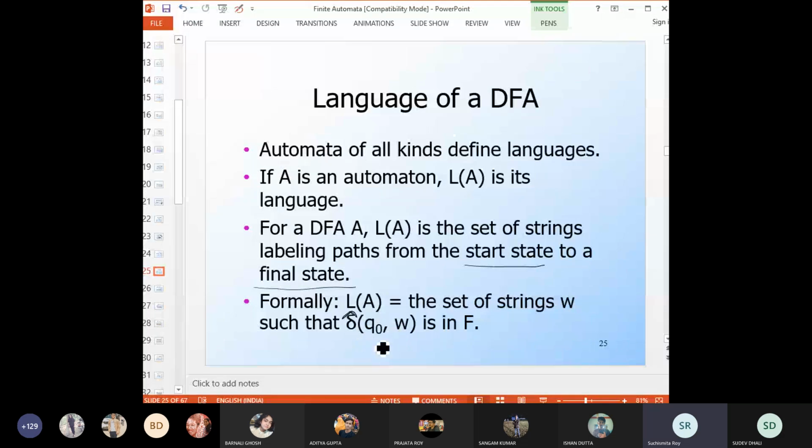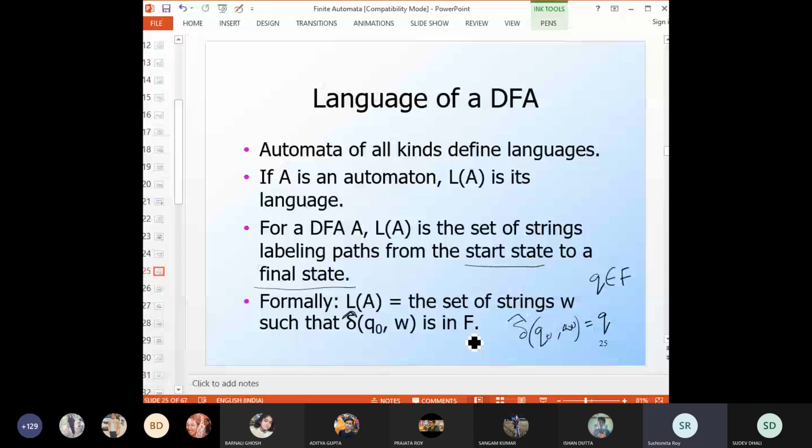So such that delta Q0, you start from the start state, W, consume the entire string, is in F. That means delta hat Q0 W is equal to some state Q, and Q belongs to F, where F is the set of final states of this finite automata. Is this clear?